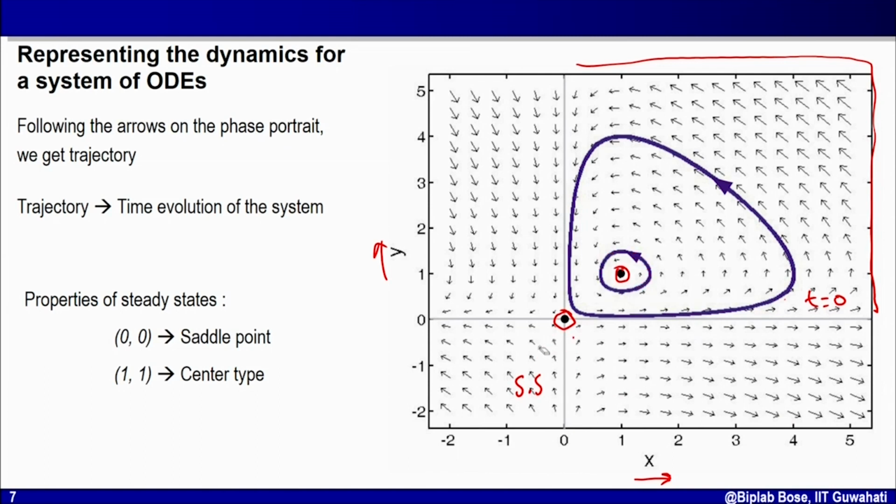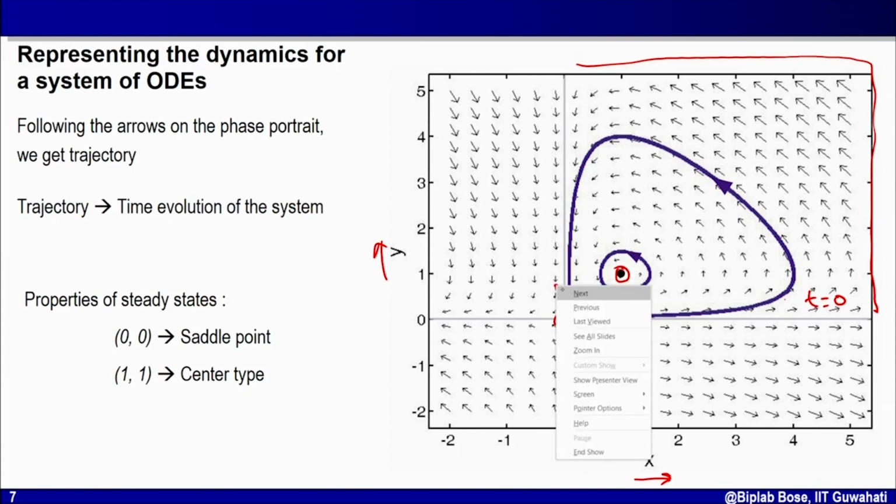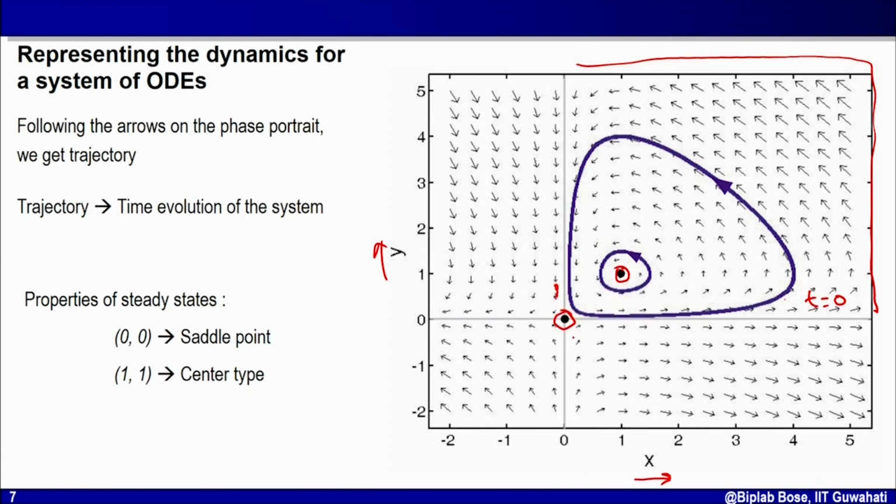If you look into this particular steady state at 0, 0, if I start at a point close to 0, 0, the arrows on the phase plane are telling me I will move away from 0, 0. If I start from here, I will again follow this trajectory and move away from 0, 0. If I start from here, obviously I will move away from 0, 0. And if I start here, I will move away from 0, 0 and follow this closed path.